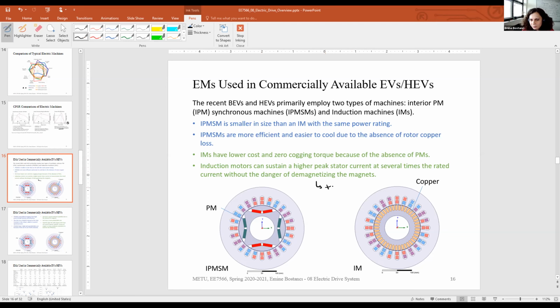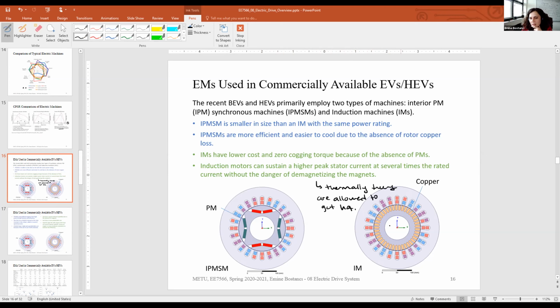So thermally, they can get hot. They are allowed to get hot because these PM machines are not allowed to get hot. If they get too hot, then their magnets can be demagnetized.